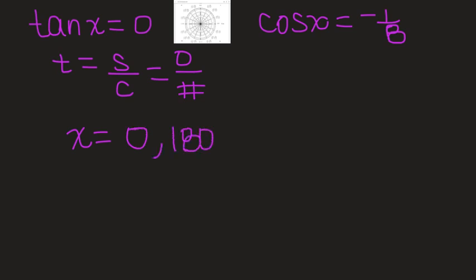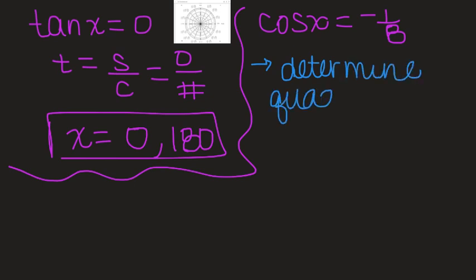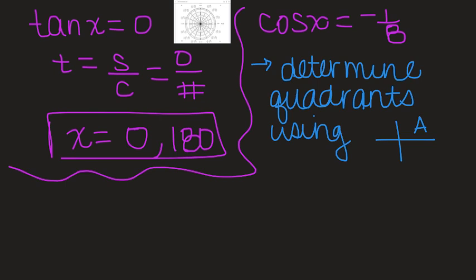So now we need to deal with this cosine of negative 1/8. So this piece is done. Okay, so first we need to determine quadrants using your ASTC.